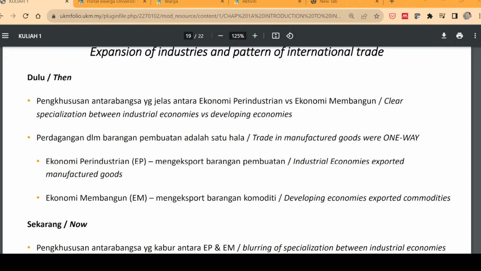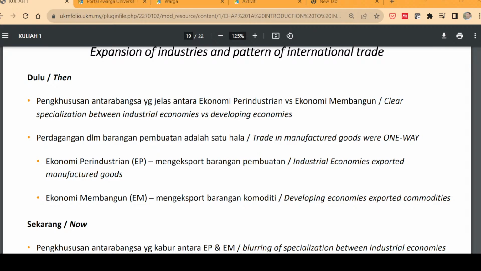In general, we can divide the world in two: developed countries, USA, Europe, Japan, and developing countries, Malaysia, Thailand, and so on.